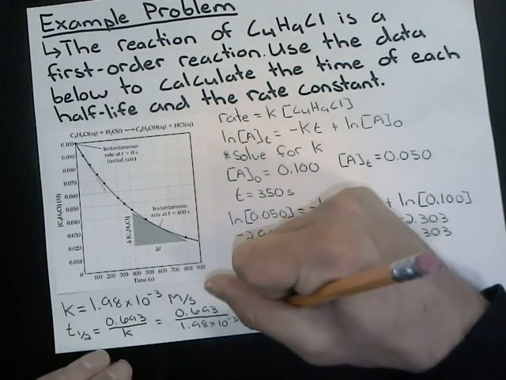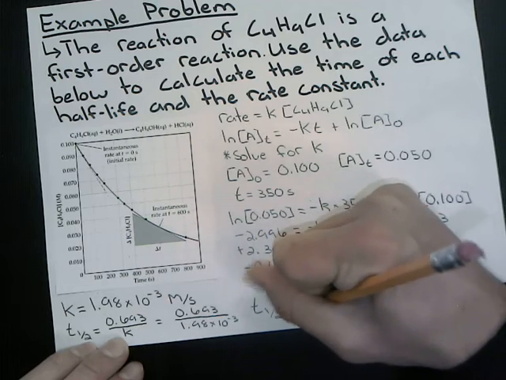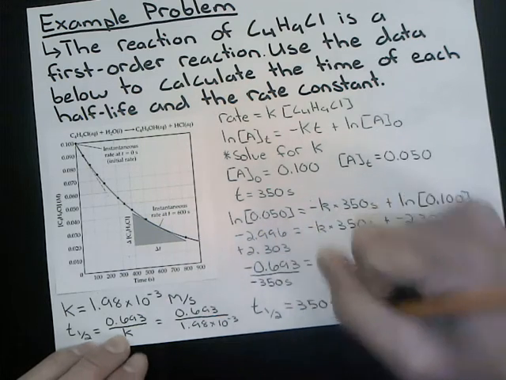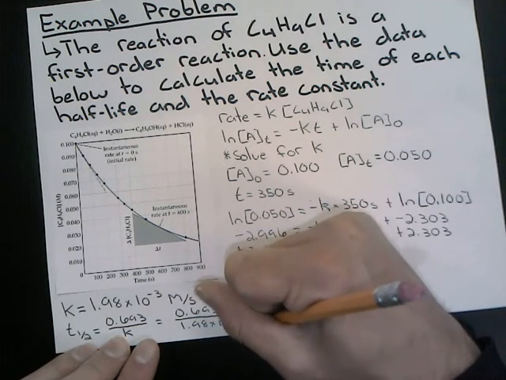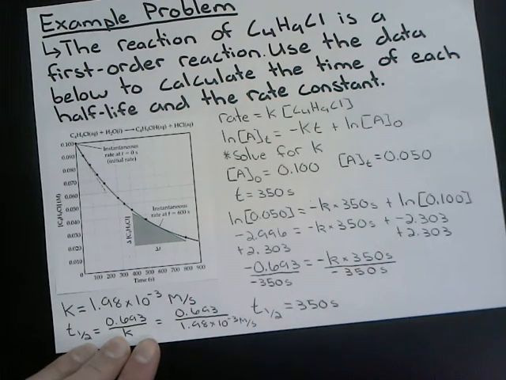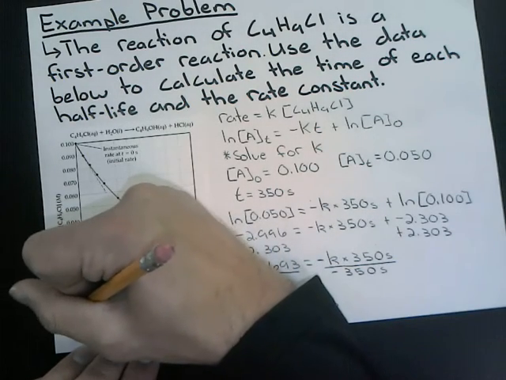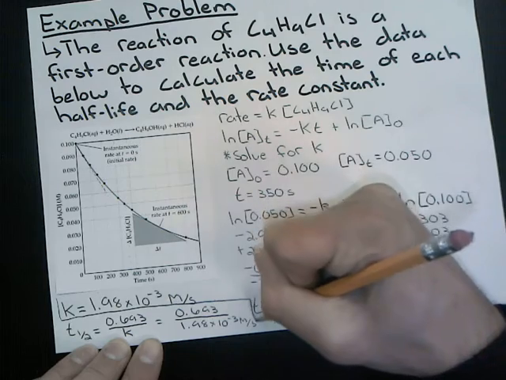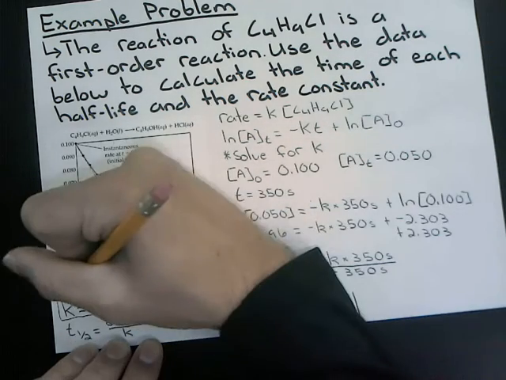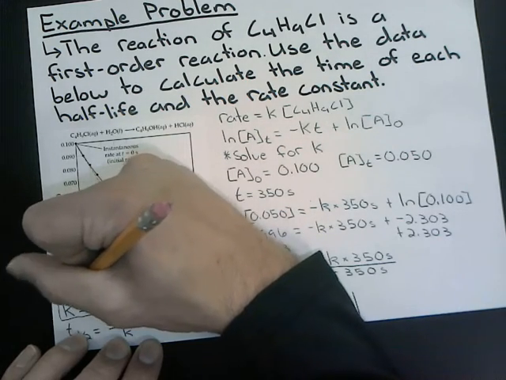So each and every half-life is going to be 350 seconds. And remember, this was molar per second, so that's where we got our value for seconds. All right, so those two things become our answer to this question here.